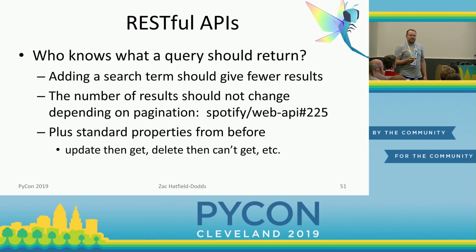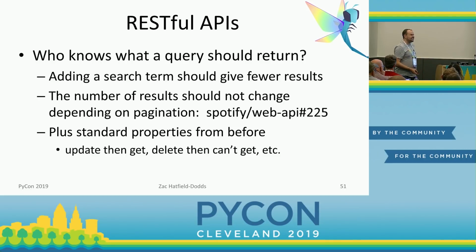Another one where I've seen this technique be really effective is in something like a RESTful API. So Spotify, for example, had a bug where the number of results you got from a search would change depending on how many results you asked for per page. And it turned out there was a sweet spot of about like 23 results per page, which would give you more results for your search than any other number.